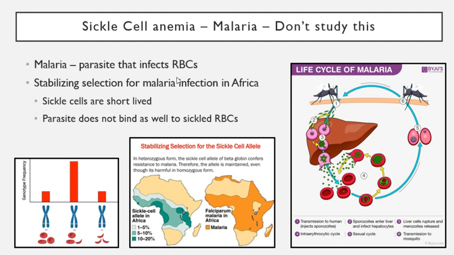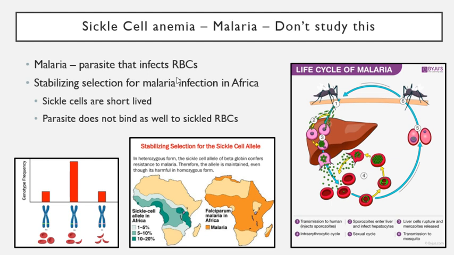But people who are heterozygous for sickle cell anemia, where they have a stabilizing amount of sickled cells, it decreases the exposure to malaria, but it also decreases how bad your sickle cell anemia is, to where it helps with the survivability.